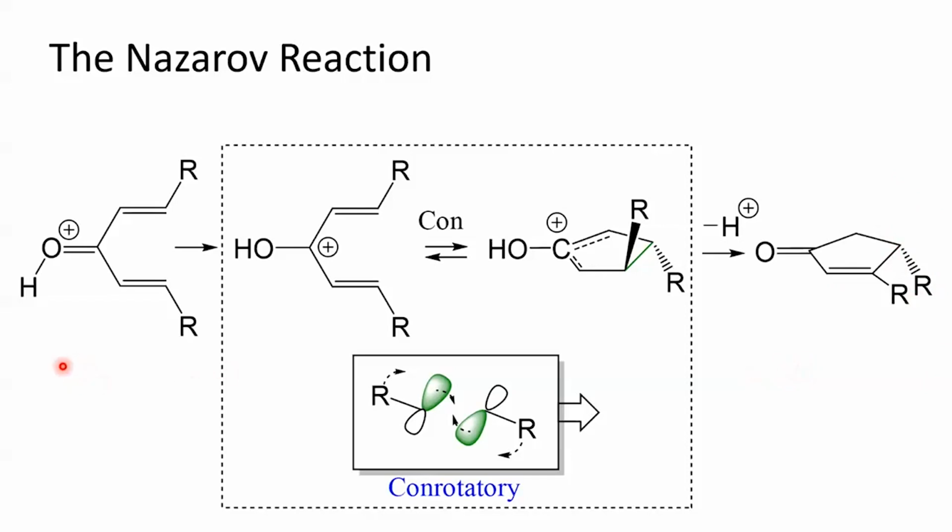It's also worth noting that we've started the reaction here, concluded it over here. However, the reaction could equally proceed in reverse, meaning we could take this cyclized system, we could rotate our carbons counterclockwise, breaking apart this bond, and then arriving back at our starting materials over here.